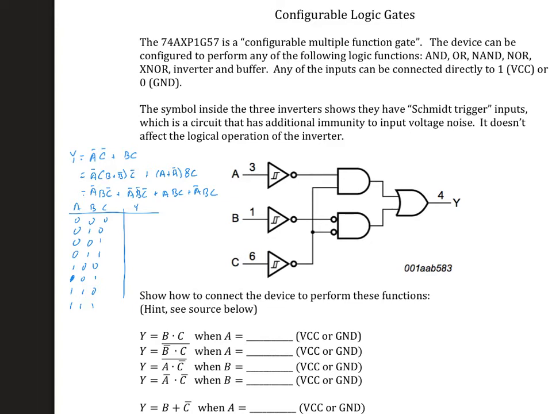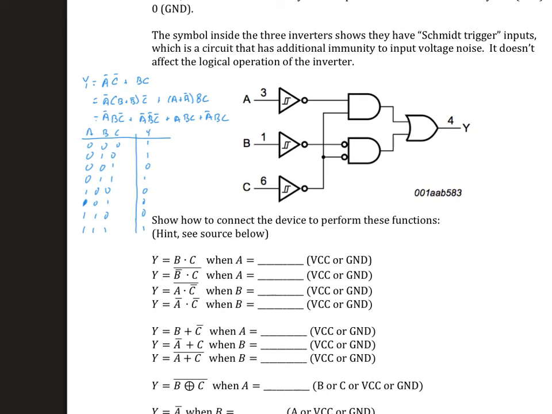So A bar B C bar is going to be a 1 here. A bar B bar C bar is a 1 there. A B C is a 1 down here. A bar B C is a 1 here, and then we've got zeros everywhere else. Okay, so now we come down to our questions.